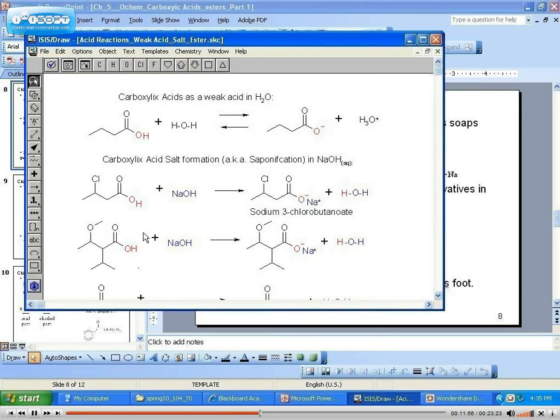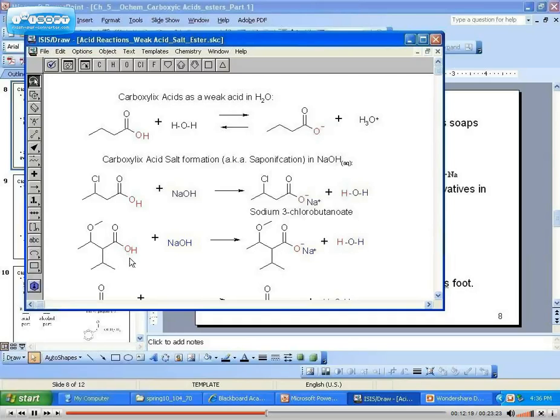So if I give you the starting reactants, you'll be expected to predict the product. So in this saponification product, just like last time, the hydrogen and hydroxide come together, forming the brand new water molecule, and then you have an isopropyl on the bottom, which does nothing. You have an ether on the bottom, which does nothing.